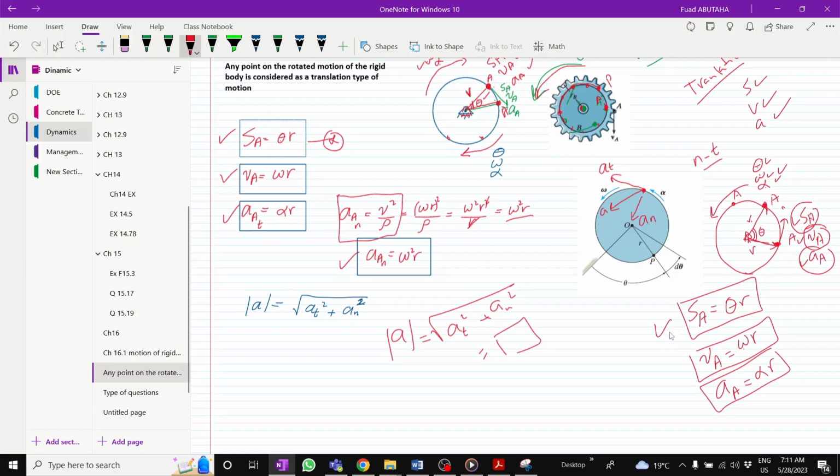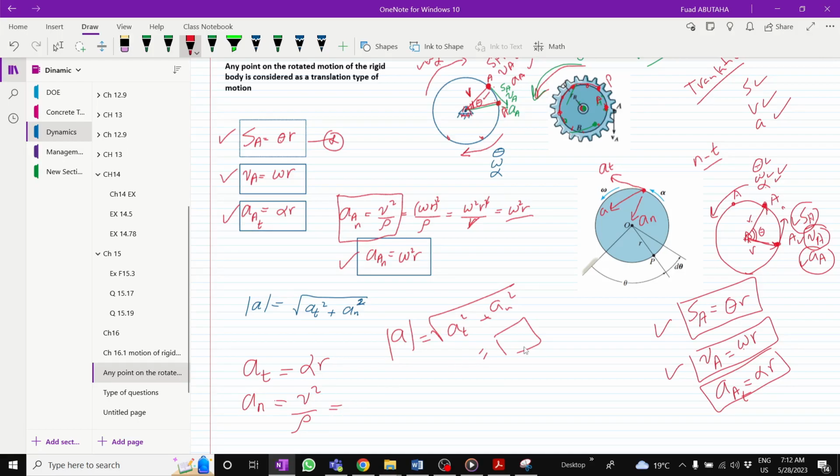So we'll have position for A, velocity of A, and we actually have two types of acceleration, as we mentioned before. The acceleration will have normal acceleration and tangent acceleration. The tangent acceleration is alpha times r. And we also have the normal acceleration, which, if you remember, is v squared divided by rho.